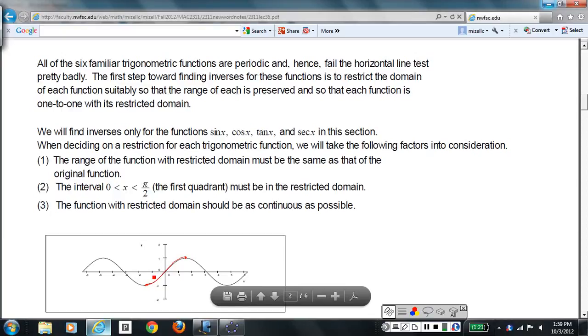The domain is from negative pi over 2 to pi over 2, and the range is the same as the range of the regular sine function. So if we evaluate the inverse sine function at a particular number, say 1/2, the inverse sine function would tell us the particular value that you can take the sine of to get 1/2.